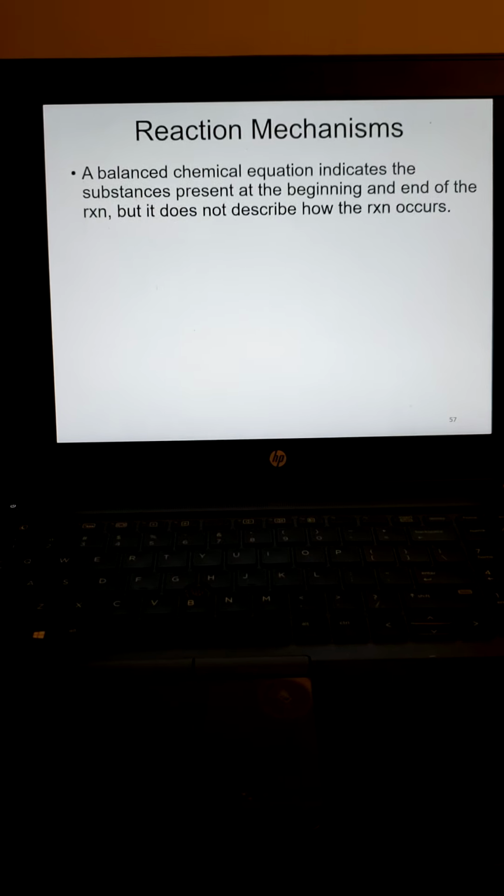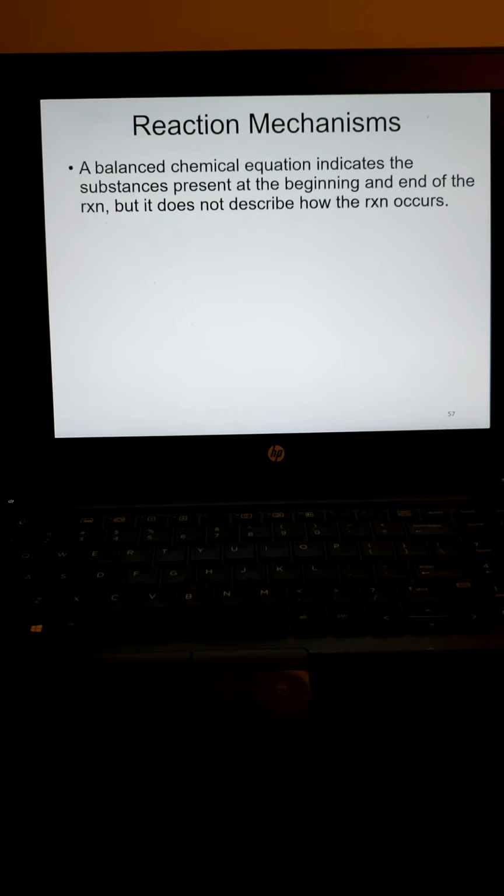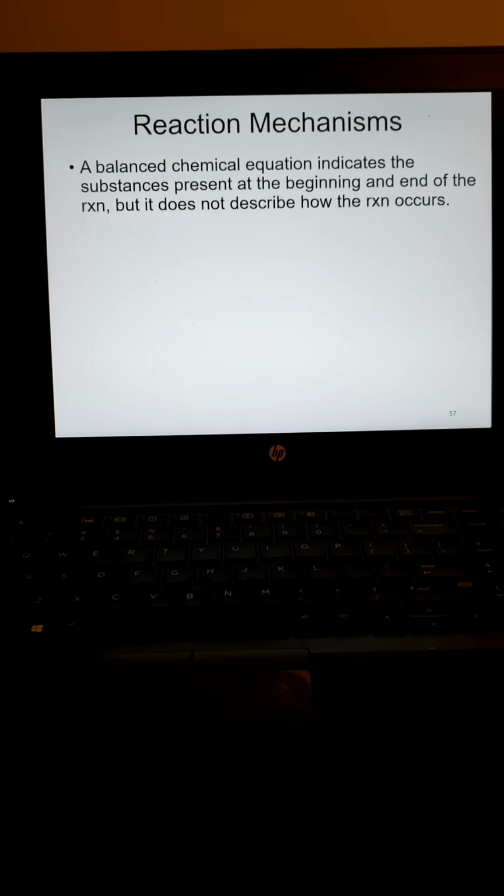Well, that's because all a balanced chemical equation does is tell you what you start with and what you end with. It doesn't tell you how the reaction is occurring. And the problem is, a lot of the reactions we look at in chemistry are actually mechanisms, meaning they're multi-step processes. And these multi-step processes are not represented in an overall balanced chemical equation. You have to look at a mechanism.